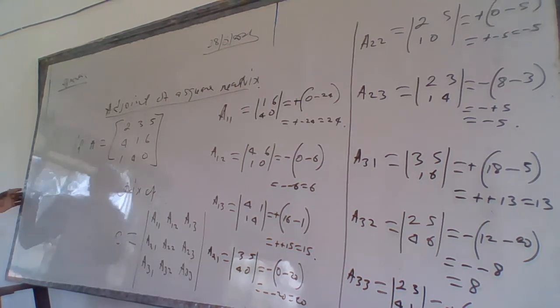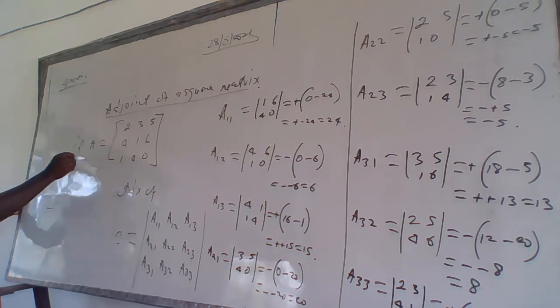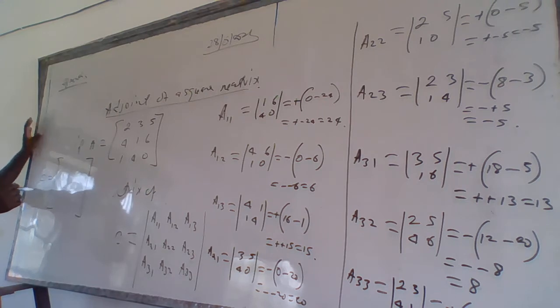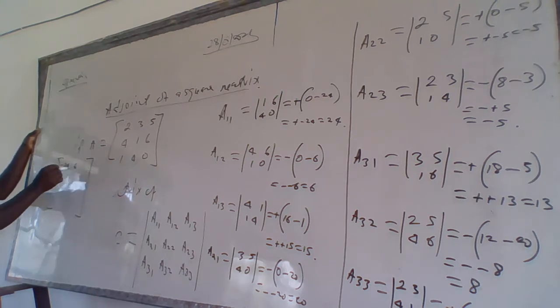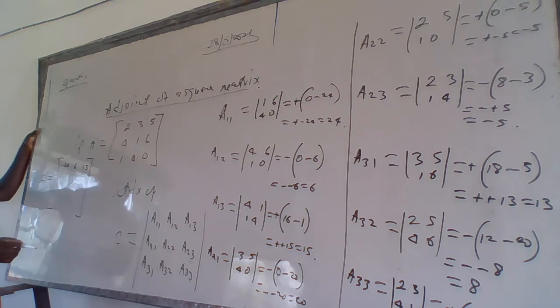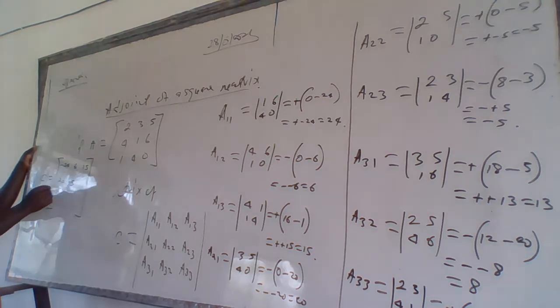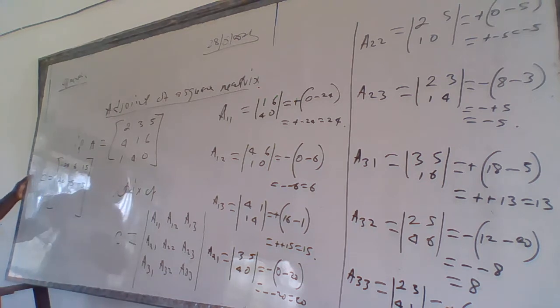So the matrix for cofactors, which is C, would be equal to: A11, you can read for me, negative 24, A12, 6, A13, 15, then A21, 20, A22, negative 5, A23, negative 5 again, then A31, 13, then A32, 8, A33, negative 10.